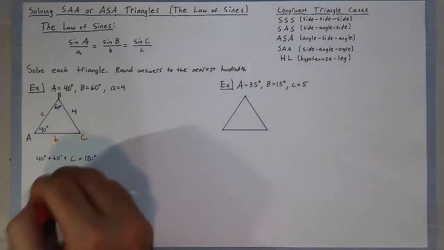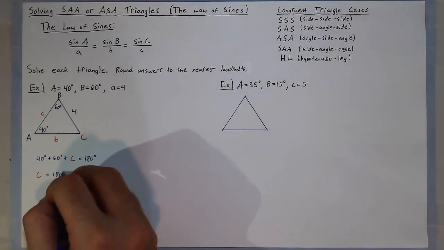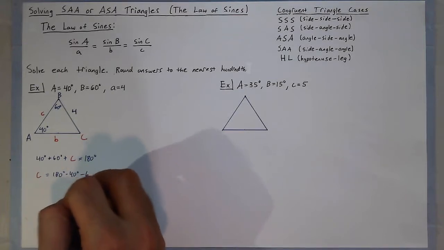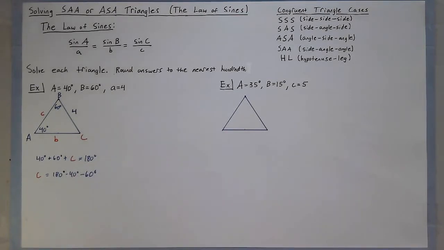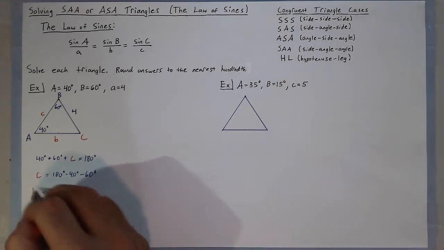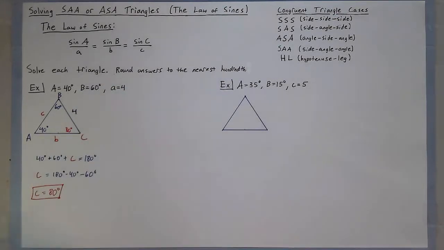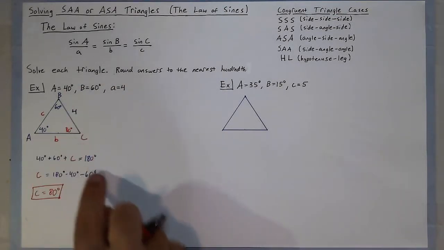So by subtracting 40 and 60 from 180, I'll be left with C is equal to 80 degrees. And thus starts solving the triangle. And I know for sure that it's 80 degrees because of that fact.